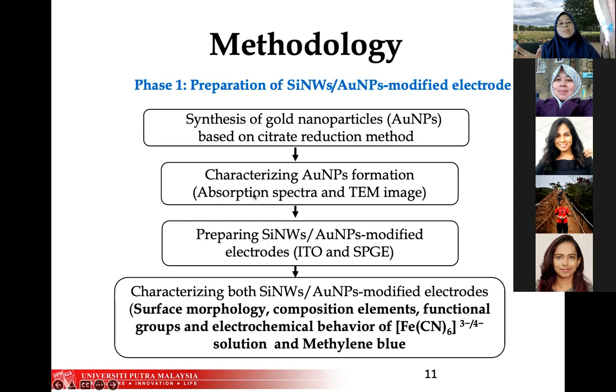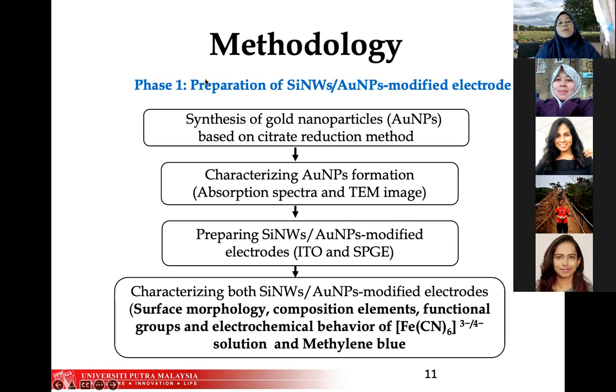First you synthesize and then you characterize. After that you mix, because silicon nanowires were not synthesized, they were commercially obtained. So what he did is mix them with the gold nanoparticles that he has prepared, and then modify electrodes. And of course, again, he has to run characterization of the modified electrodes to check whether the modification is successful or not.